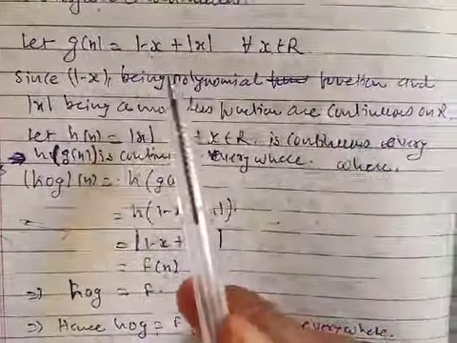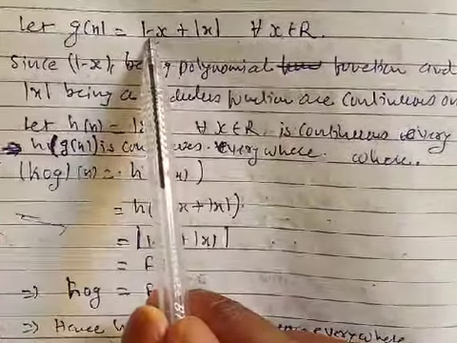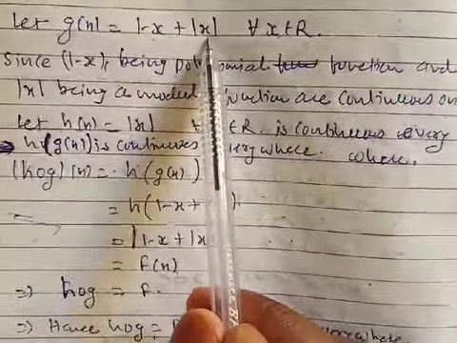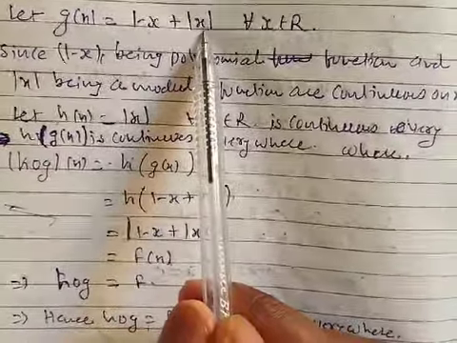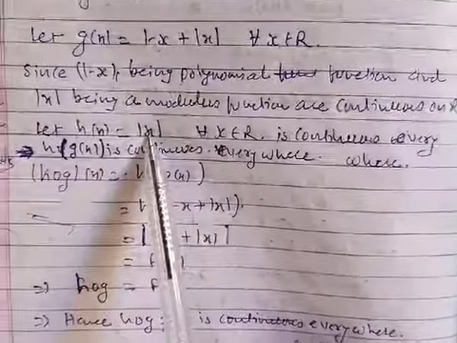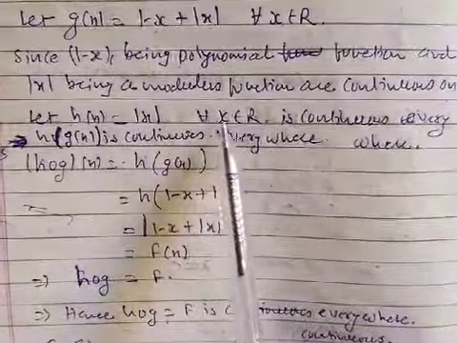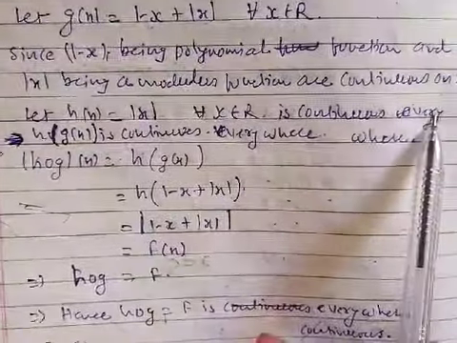Why do we say so? Because according to the definition, we know that a polynomial function is continuous everywhere, and the mod function is also continuous everywhere. Now take it, let h of x is equal to mod of x, where x belongs to R. For every x belongs to R, it is also continuous.